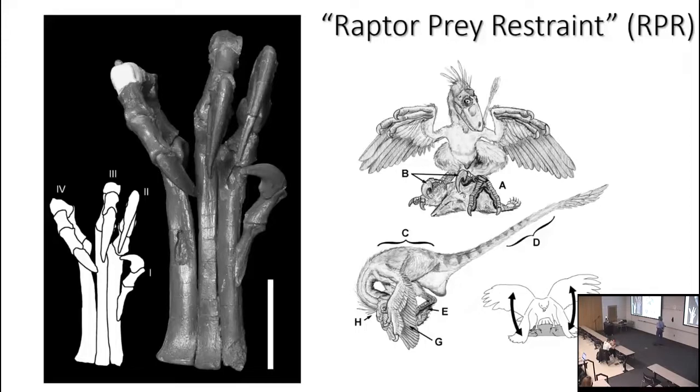A paper came out about a decade ago where they referred to the idea of raptor prey restraint, or RIPPER. Yes, they went out of their way to make sure it fit an appropriate acronym. It may have been a primary function, that is, to pierce into the flesh of the animal and hold it down while the jaws and the arm claws are used to dispatch the prey.